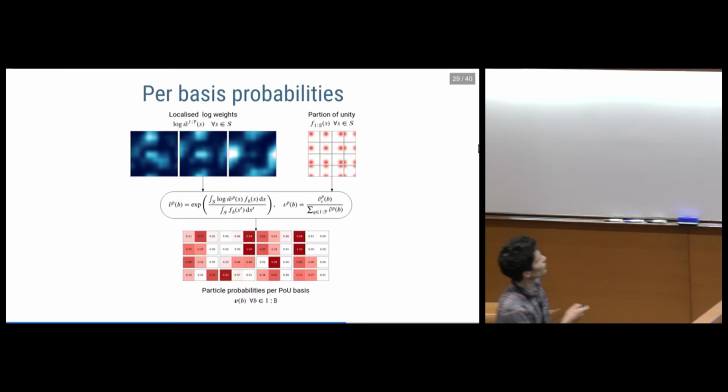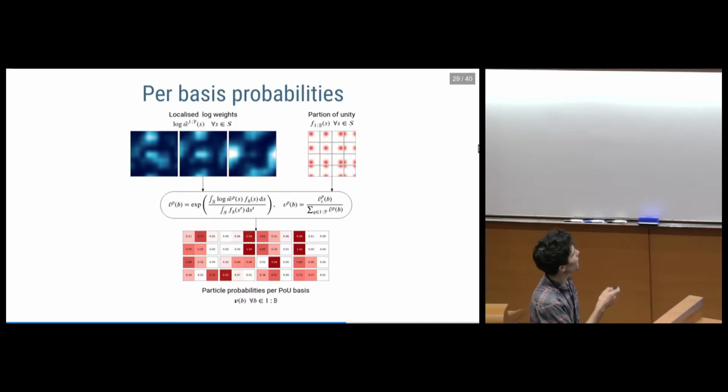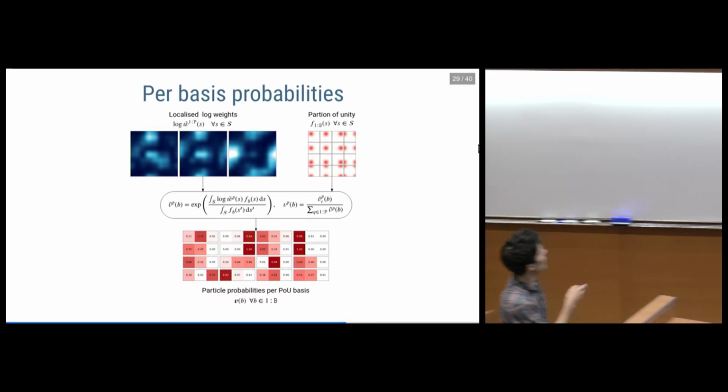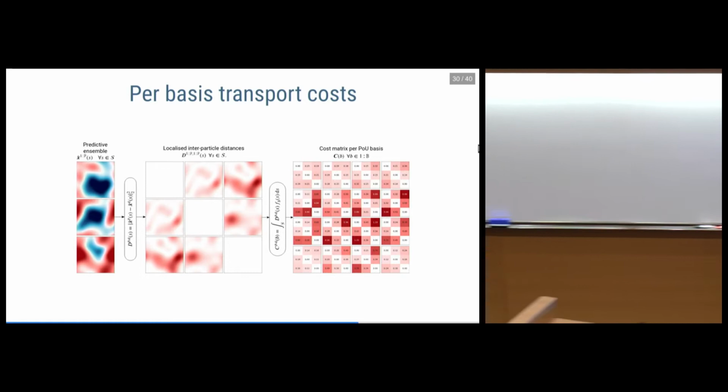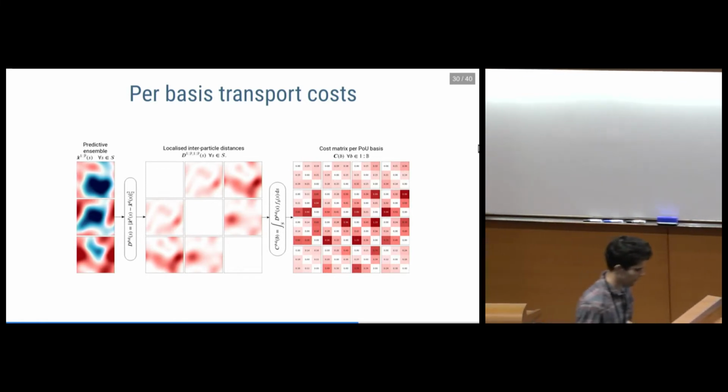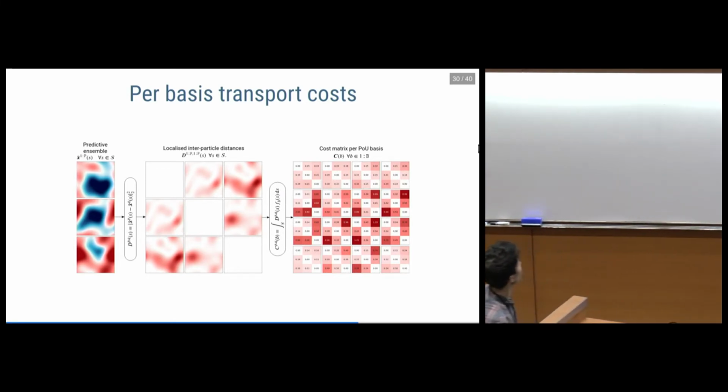We can also use those basis functions to map from our localized log weights to probabilities per basis function. We just integrate against those basis functions to map down from these log weight fields defined across the spatial domain to a set of particle probabilities per basis. I discussed in the ensemble transport setting that we were minimizing some cost which depended on the distance between particles.